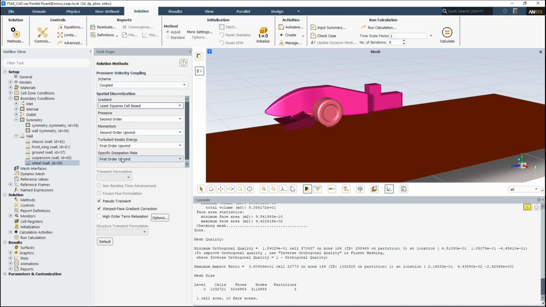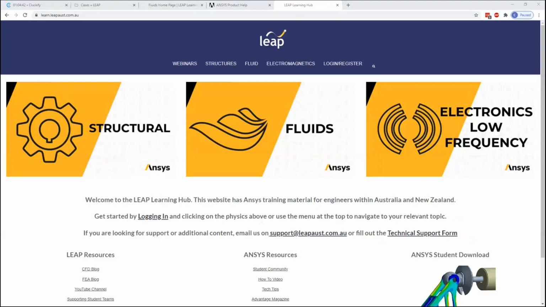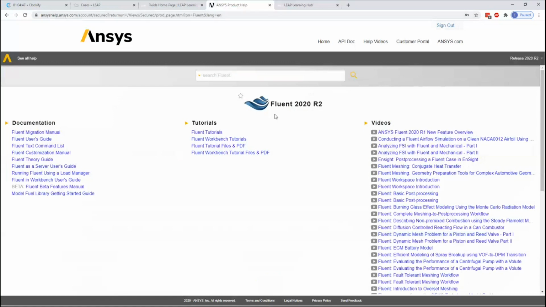Then we're going to look here, we've got our spatial discretization. Okay, so there's a couple of different gradient methods. We can look at Green-Gauss, node or cell-based, and least squares based. We're going to leave it as default, and you can go into the help. I'm sure Hashan showed you the Ansys help, ansyshelp.ansys.com.